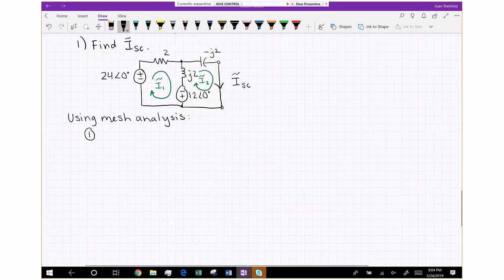So KVL at mesh 1 will be 24 minus 2 I1 minus the J2 impedance that shares the current between I1 and the opposing current I2, and then plus 12. We could do a little bit of simplifying.